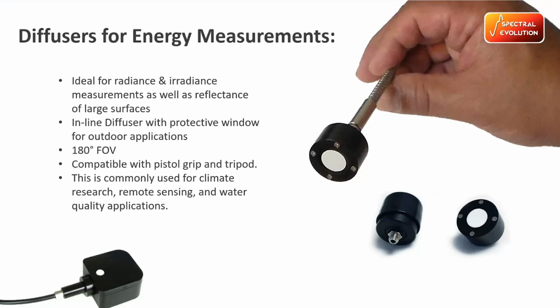And with this inline diffuser, it simply connects to the end of your fiber with an SMA connection, and it will give you a 180-degree field of view. So I use this lens along with the sensor probe to get my measuring angle, and I was able to collect horizontal irradiance at below canopy and above canopy using this method.